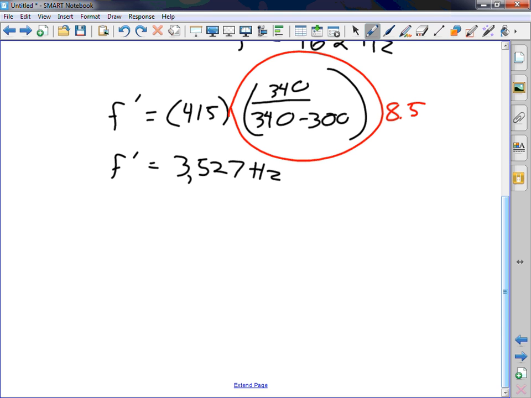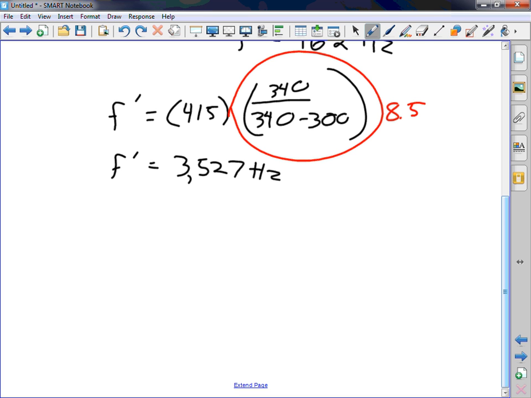Now, conceptually think about this. Just the multiplication constant: as my speed grows, as I approach 340, what happens to that multiplication constant? It gets bigger, and bigger, and bigger, right?